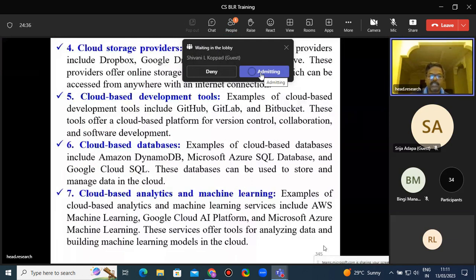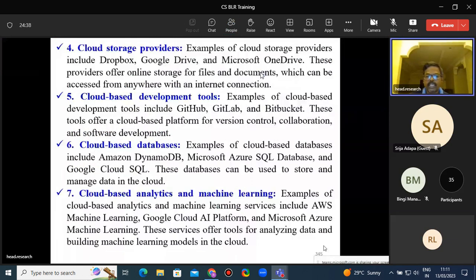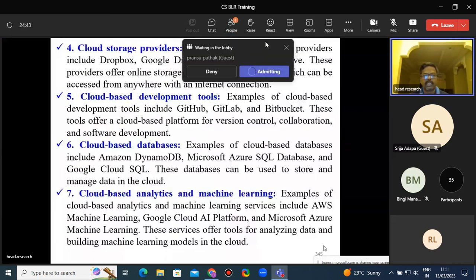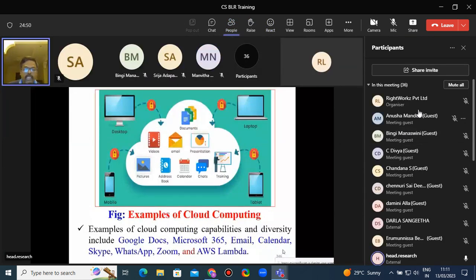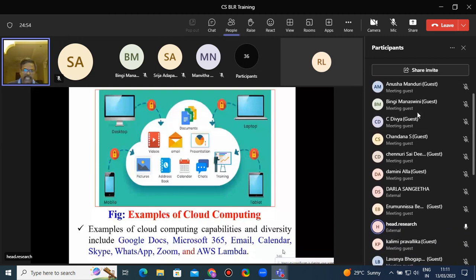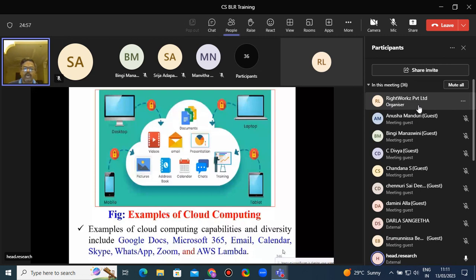These services offer tools for analyzing data and building machine learning models. If you see the examples of cloud computing capabilities and diversity including Google Docs, Microsoft 365, calendar, Skype, WhatsApp, Zoom, and AWS Lambda, etc.